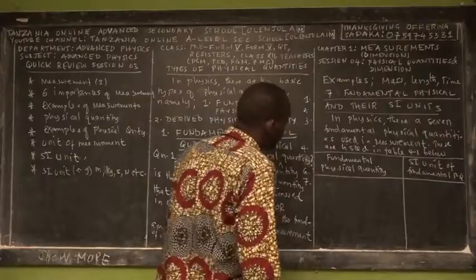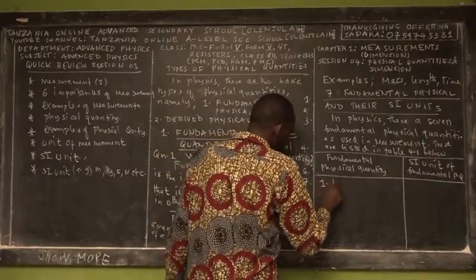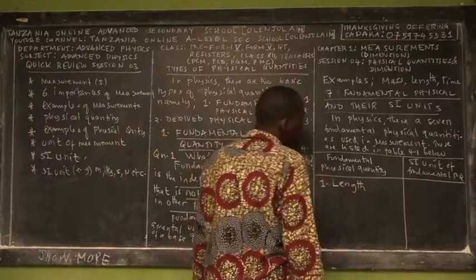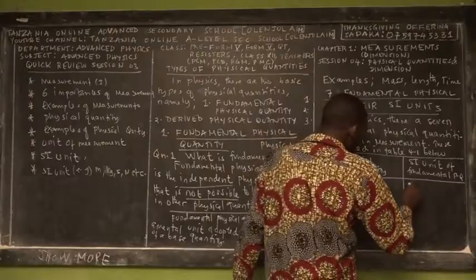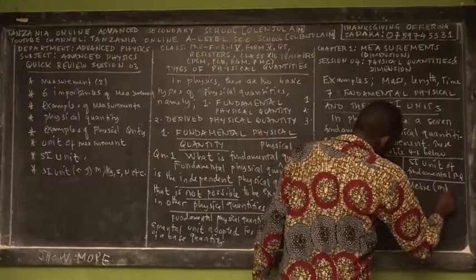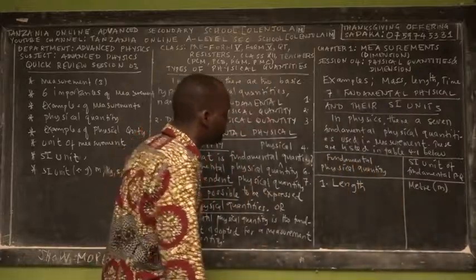The first fundamental physical quantity used in physics is length. The SI unit of length is the meter, and its symbol is the lowercase m.